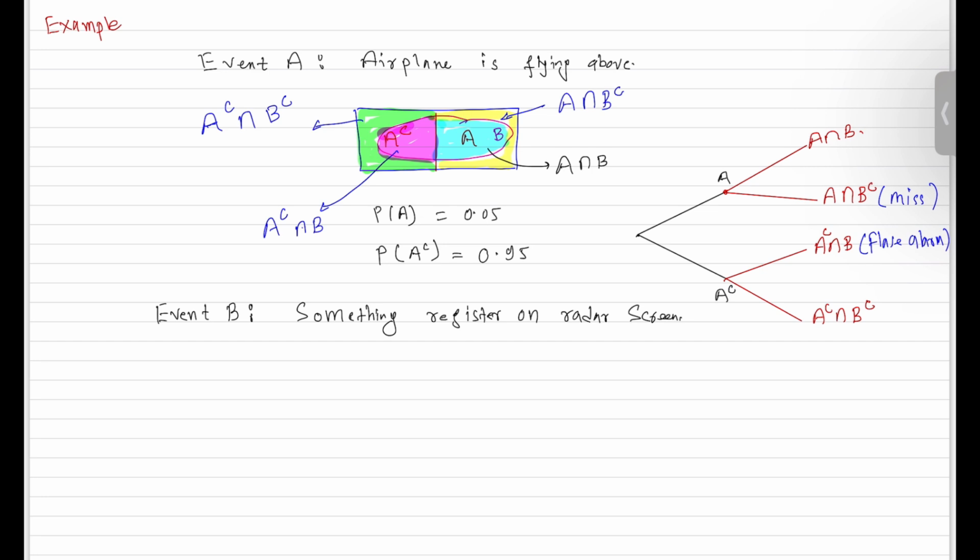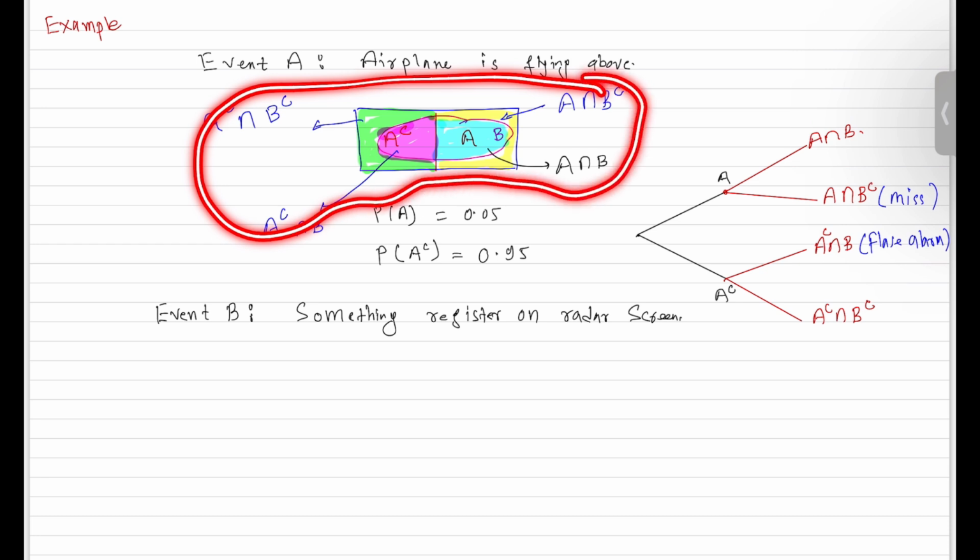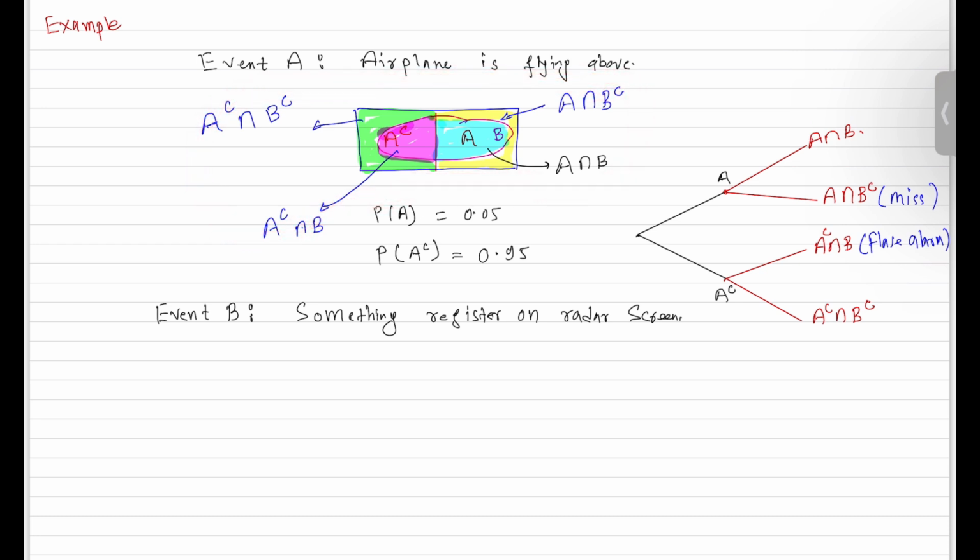So you can look at these events from the tree diagram, or even you can directly look into this Venn diagram, right? So this is, you can say, the simple example. That is why it is easy to point out each and every event, right?